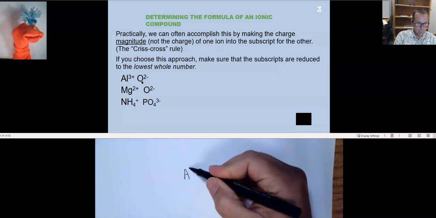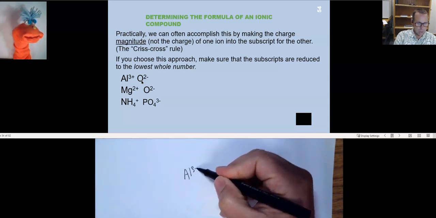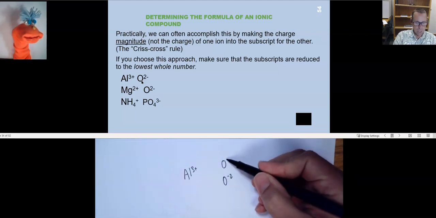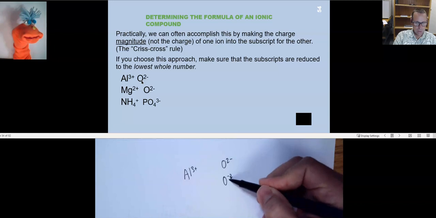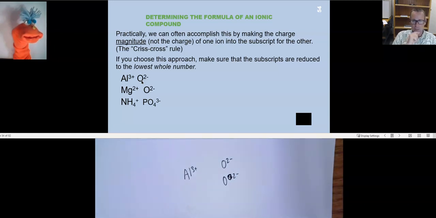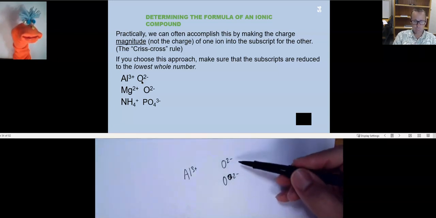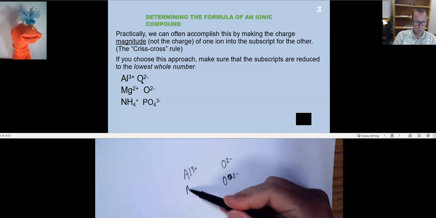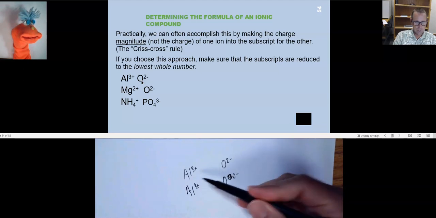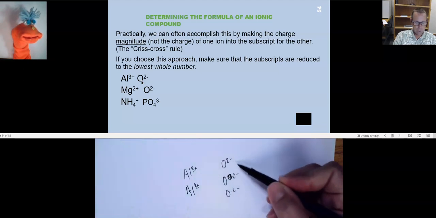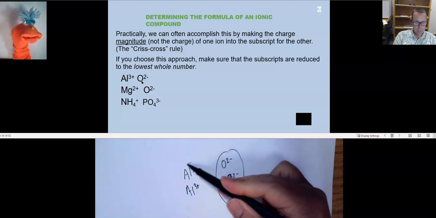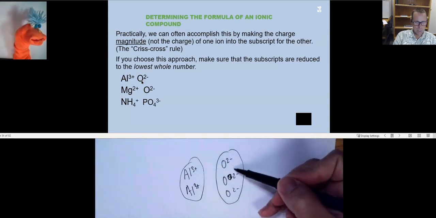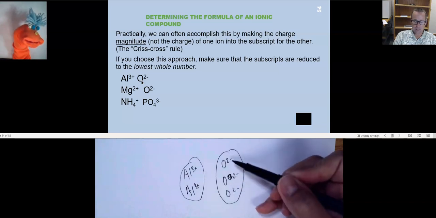So if aluminum is going to lose 3 electrons and form a +3 charge, I'll need more than one oxygen atom to take those electrons. But then I have 4 electrons that are being taken now. So I need more aluminum, losing electrons, and now I need more oxygen. And I can do that until I identify that the amount of electrons lost here now matches the amount of electrons gained. You see that, Fred?